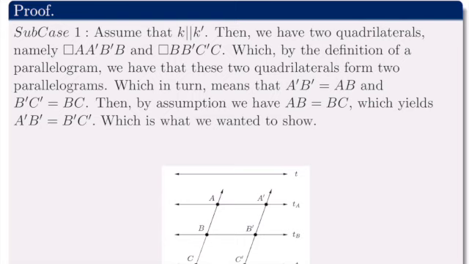So then again, this means that the distance between A prime and B prime would equal the distance between A and B. Moreover, the distance between B prime and C prime is equal to B and C.